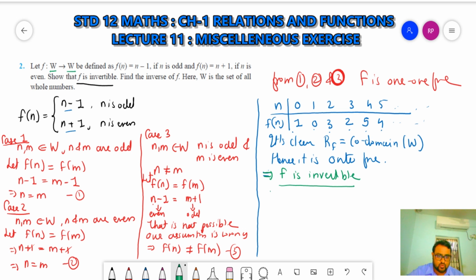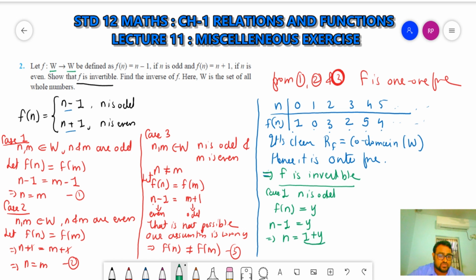So first, case 1, n is odd, so f(n), let's take this equal to y. What is f(n)? n minus 1 when it is odd, equals y, so that implies n is equal to 1 plus y. So when n is odd, the inverse will be 1 plus y.